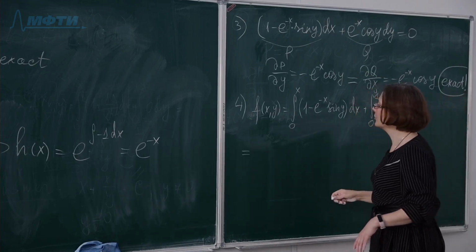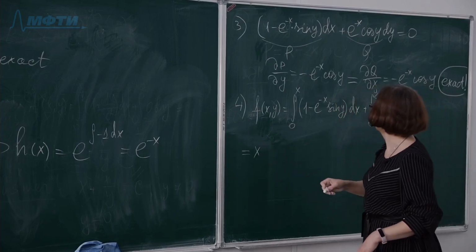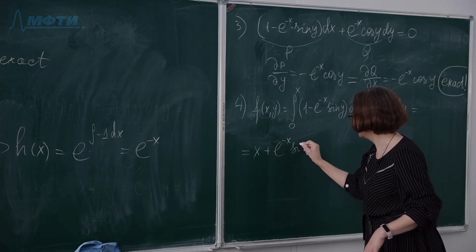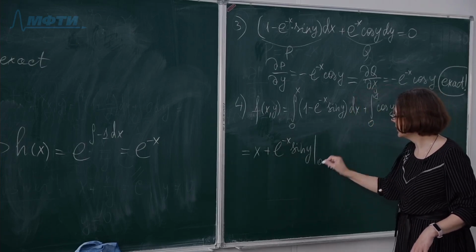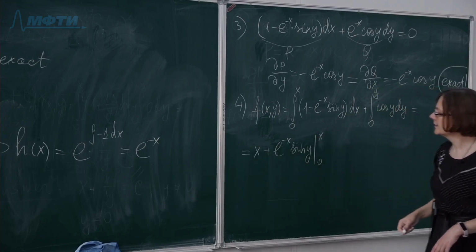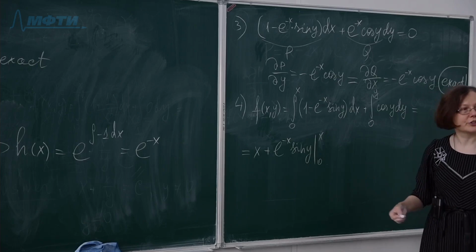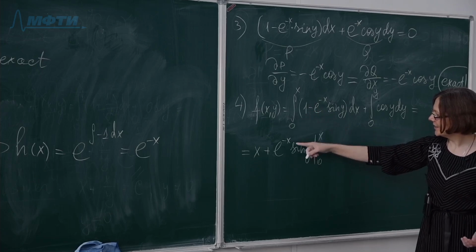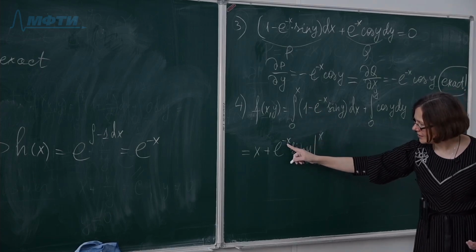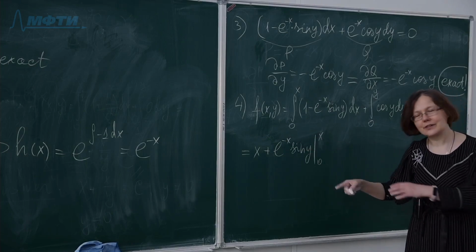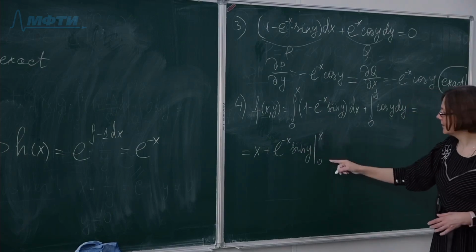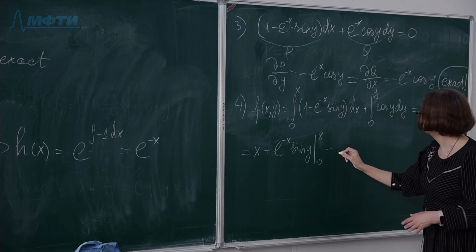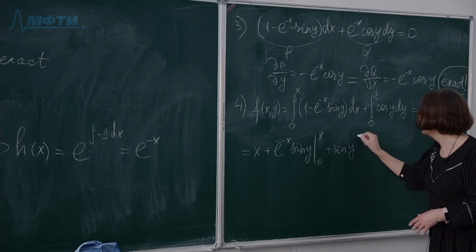And we will get the following: x plus e to negative x sine y, and we must substitute the limits of integration now, right? Because if x is 0, then it is not 0, right? So we must substitute limits. Next, minus the integral of cos is, so plus sine y from 0 to y.